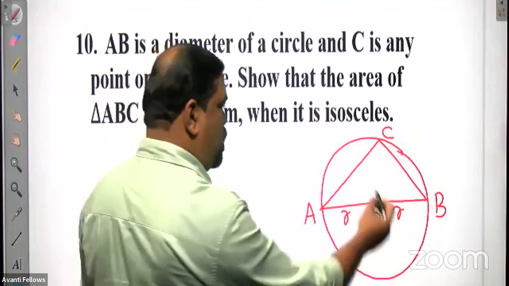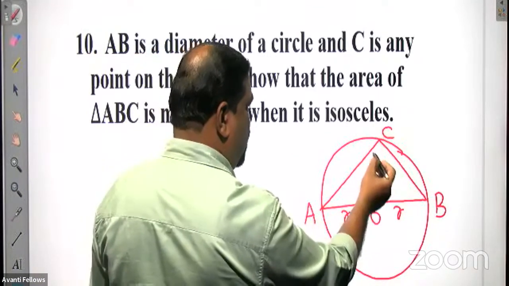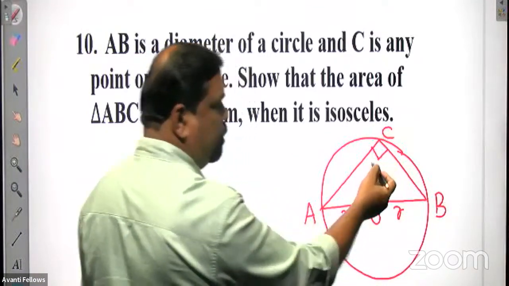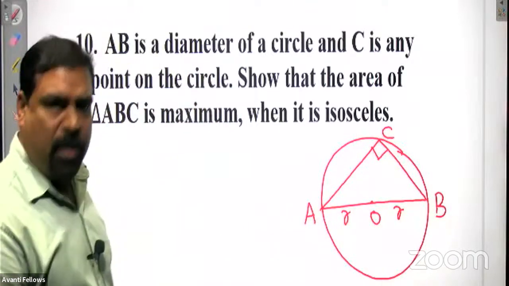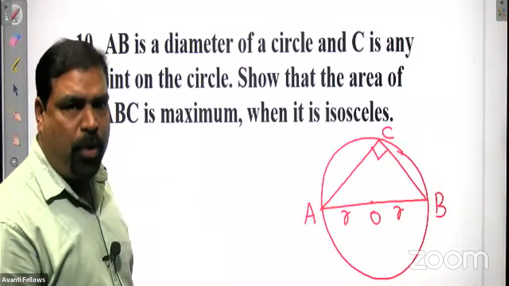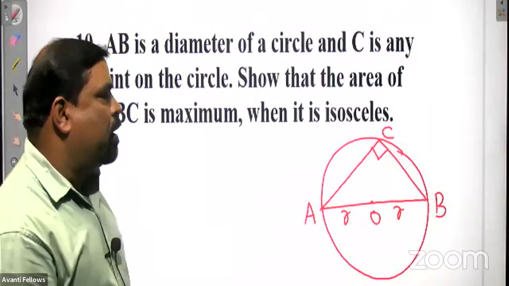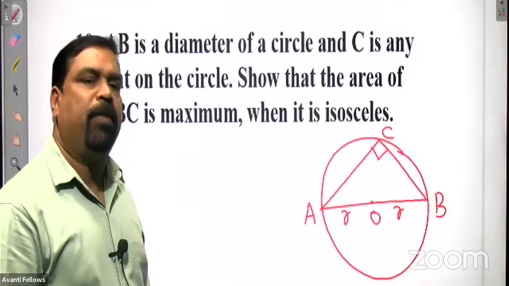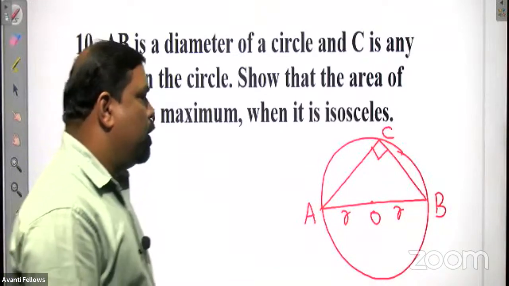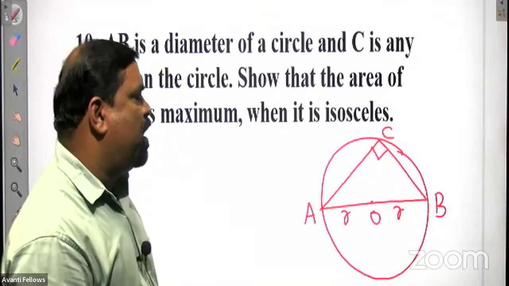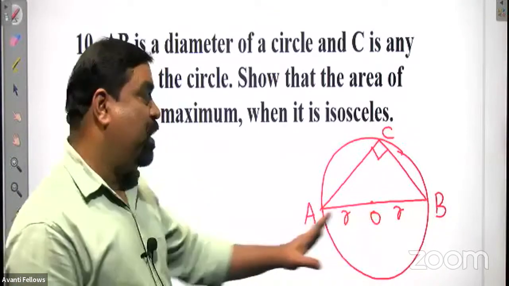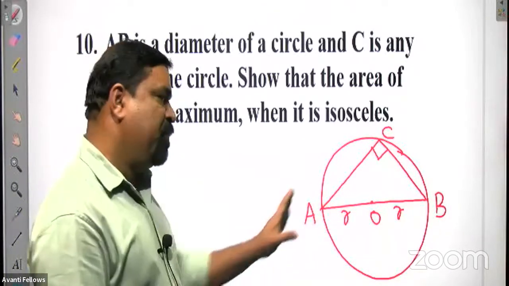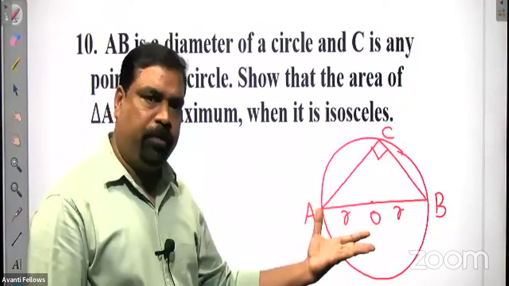And we know that since C is a point on the circle, this angle must always be 90 degrees, because the angle in a semicircle is 90 degrees. So basic geometry: this triangle ABC is a right angle triangle. Now the hypotenuse of this triangle is 2R, if the radius is R.